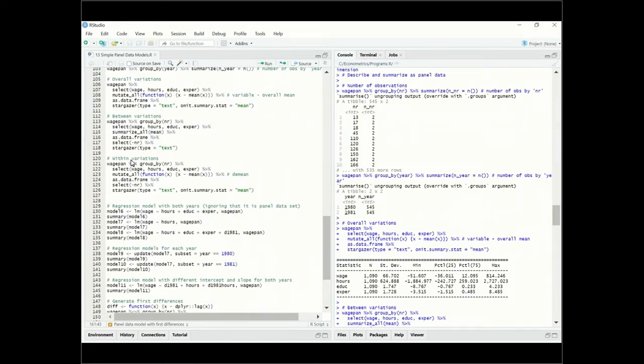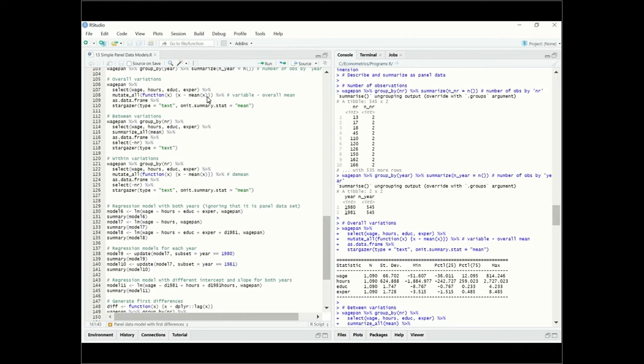In order for us to calculate these statistics, let's select the data frame and then select these variables from the data frame. And so now let's use this function here, function x. What we want to do here is, for each variable, take x, the value, minus the mean of x.